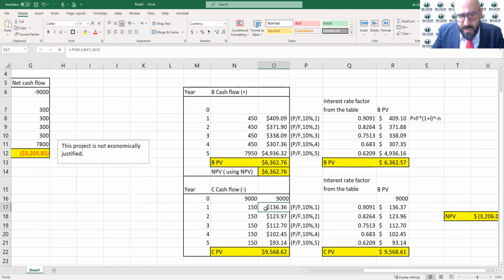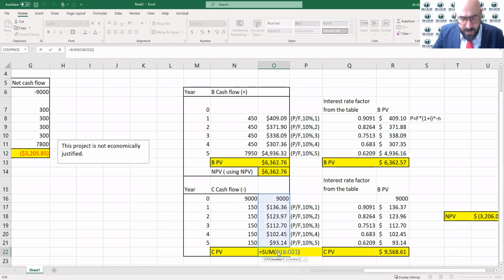Whether you add the negative to it, that's fine, or you make it a positive number, but make sure that you have a title which says this is the cost. Once I've done the PV for each one of these years, I added them together to find the cost present value, and that would be 9,000.